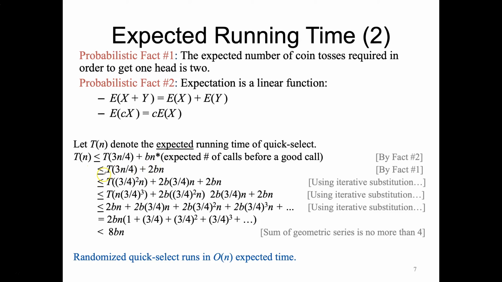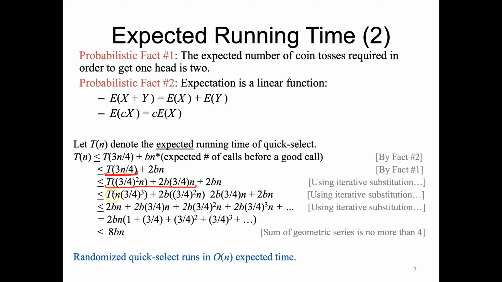Now we can just use iterative substitution and repeatedly apply this formula to t of 3/4 of n. So we'll apply the same formula to t of 3n over 4. So this is how we get the following.